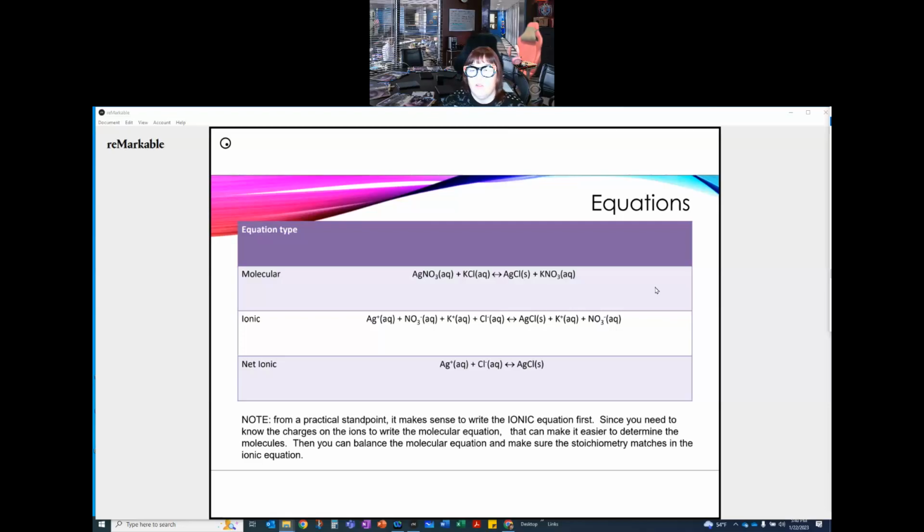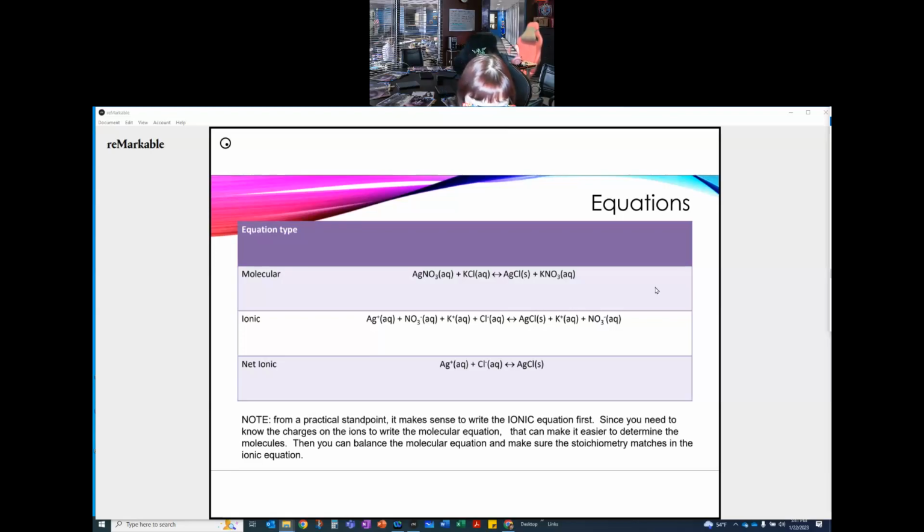If I were to break that down and look at the ions that are involved in doing this, the ionic equation, we'd be talking about Ag+ aqueous plus NO3- aqueous plus K+, which is aqueous, plus Cl-, which is aqueous, going to give me that AgCl solid, because it's a solid so it doesn't come apart, plus K+ aqueous plus NO3- aqueous. Okay, so that's our ionic equation.